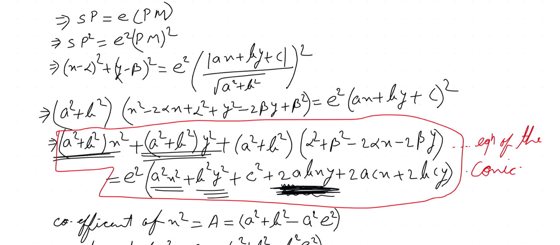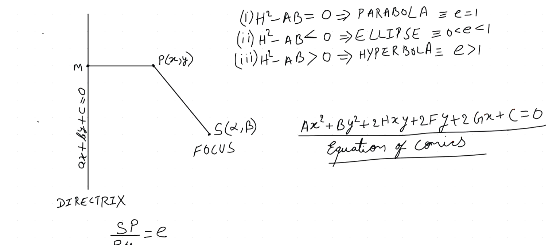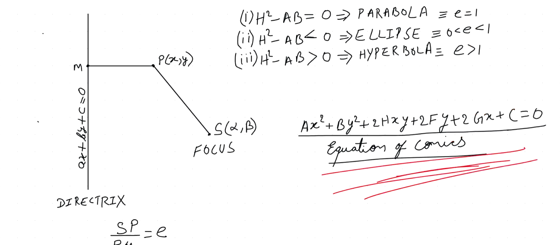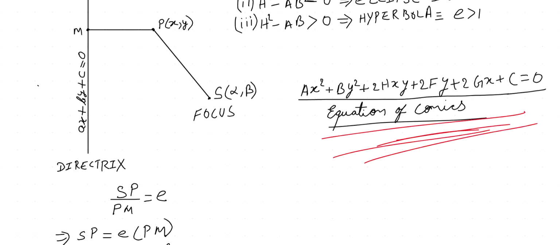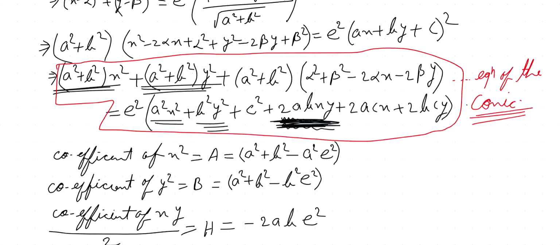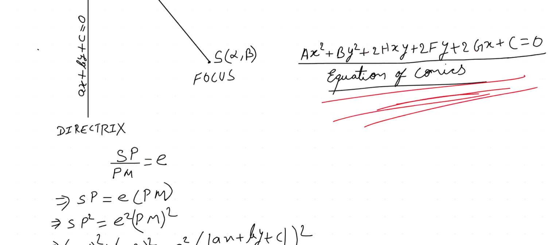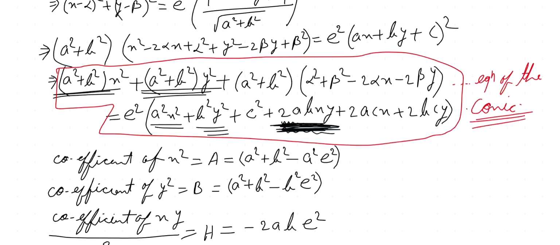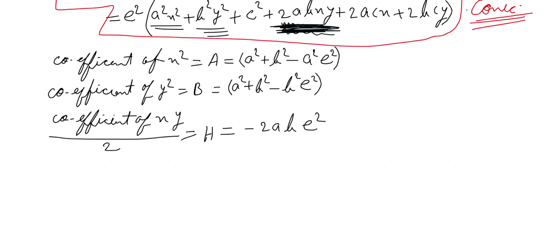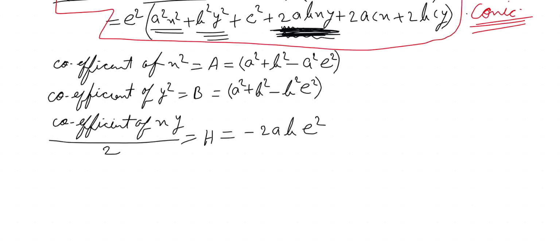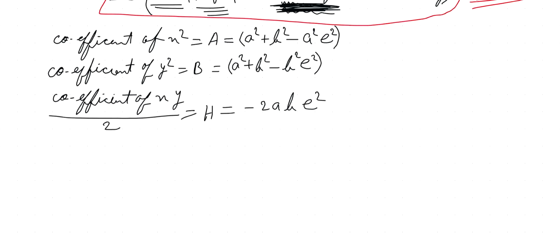And previously, this is also the equation of a conic. And so we are comparing the coefficients from both the equations, right? And so we are getting the values of capital A, capital B, and capital H.